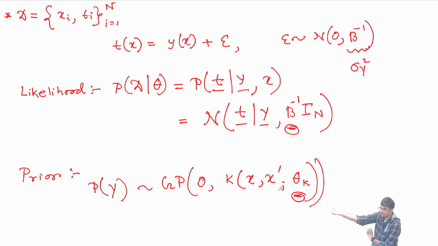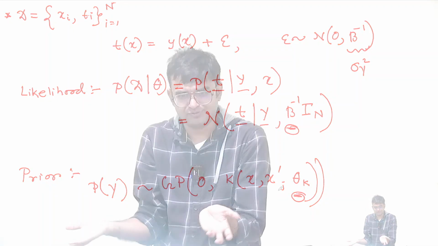But we cannot maximize this likelihood because Y is unknown, right? And there is no point in finding out Y, that does not help in making prediction. So then we assign a prior, because the Bayesian philosophy is whatever is unknown you assign a prior. What prior we assign? Gaussian process.